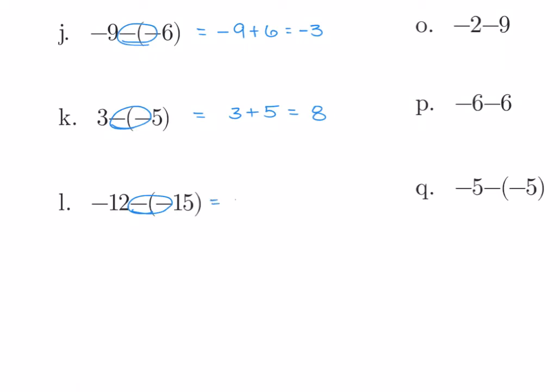We're going to change our minus and negative into plus a positive, so we get negative 12 plus 15. We have different signs, so we are going to subtract and keep the sign of the larger number. We get positive 3.